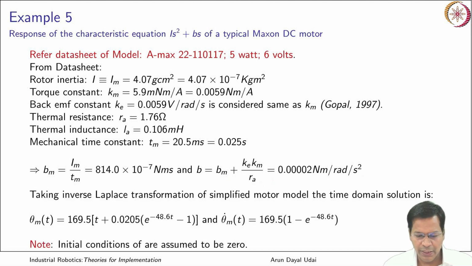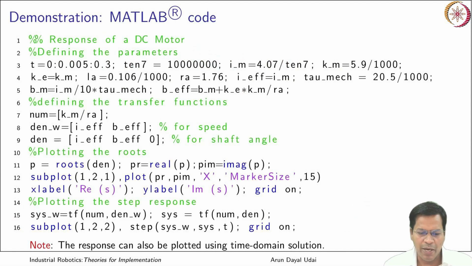Now taking the inverse Laplace of the simplified motor model that we have seen just now, the time domain solution can be written like this. Initial conditions are assumed as 0 when you take the inverse Laplace. This is the behavior of your system. You can plot this and see. Using MATLAB, you can define the systems. All the constants are defined, B effective, Bm is here.